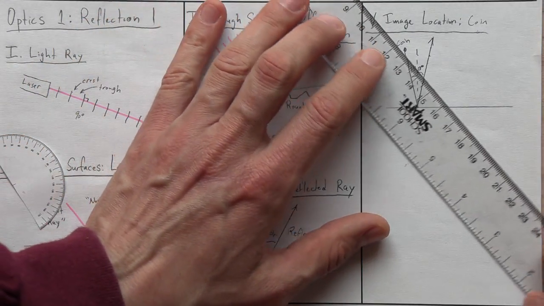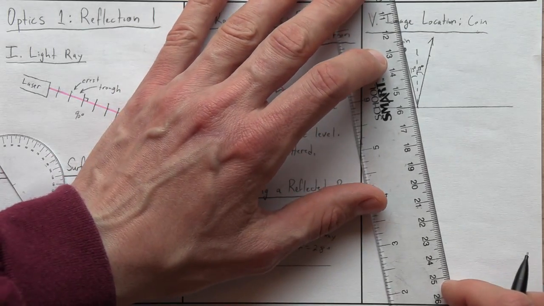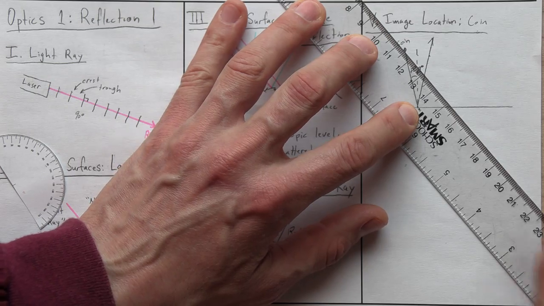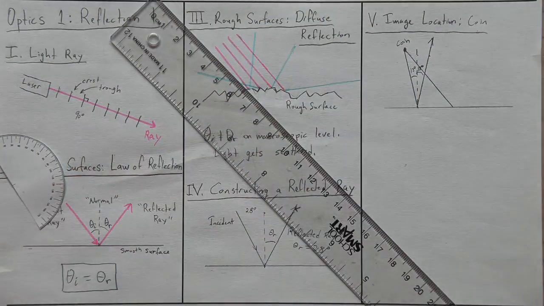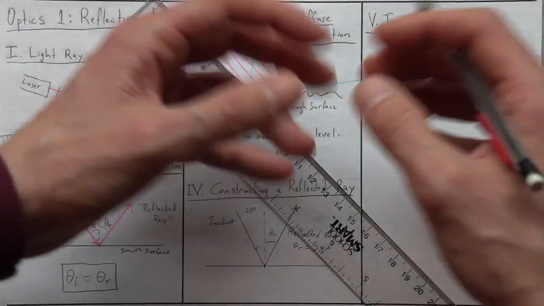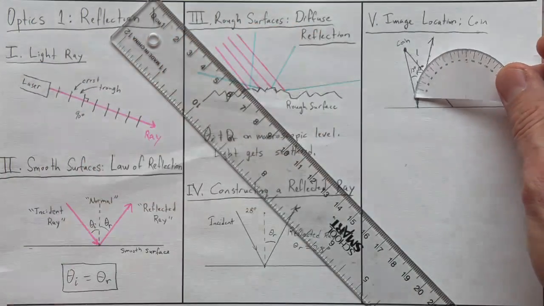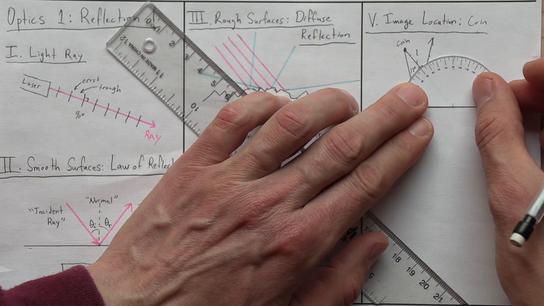And then I'm going to take any other ray. People say, what kind of ray should I make? I don't care. As long as it's not this one. Just pick another one, like off over this direction. Okay? I'm just arbitrarily making a second ray. Again, the coin is sending out infinite light rays. So I take my protractor and I'm going to apply the law of reflection at that point.